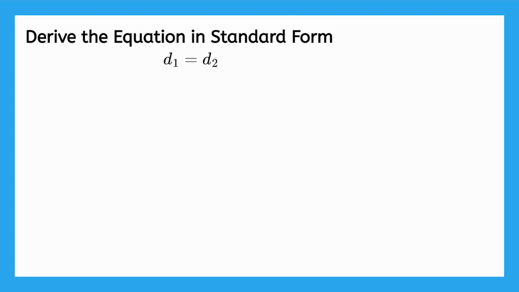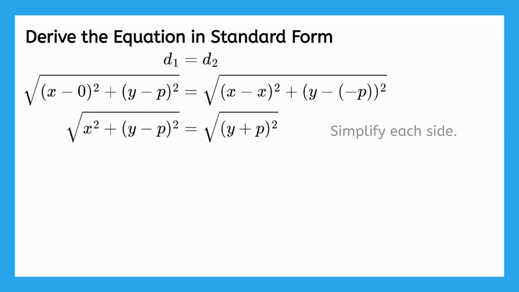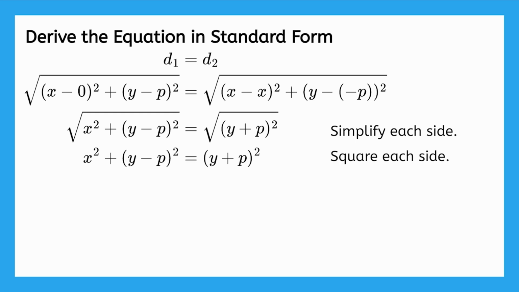We know d1 equals d2, so let's substitute the expressions we found using the distance formula. I see some simplifications we can make, like x minus 0 and x minus x. Next, let's square both sides to make the equation easier to work with.